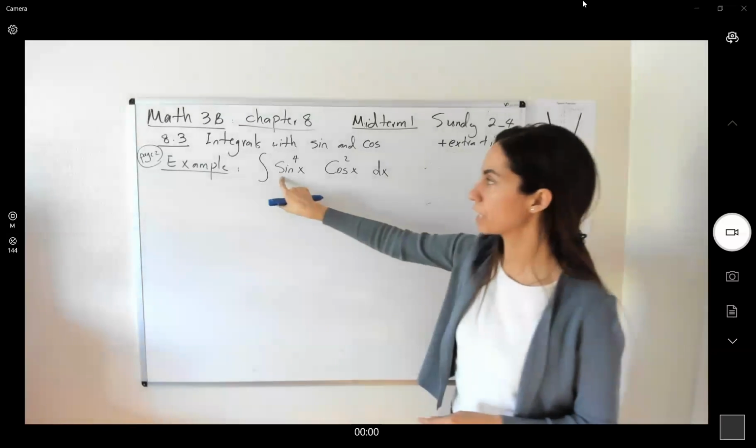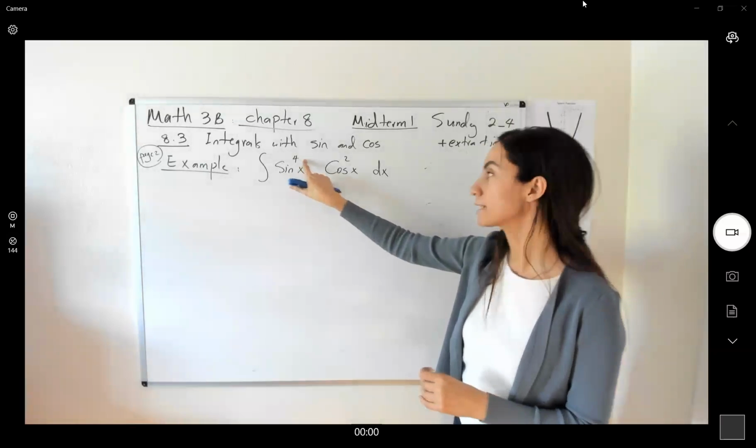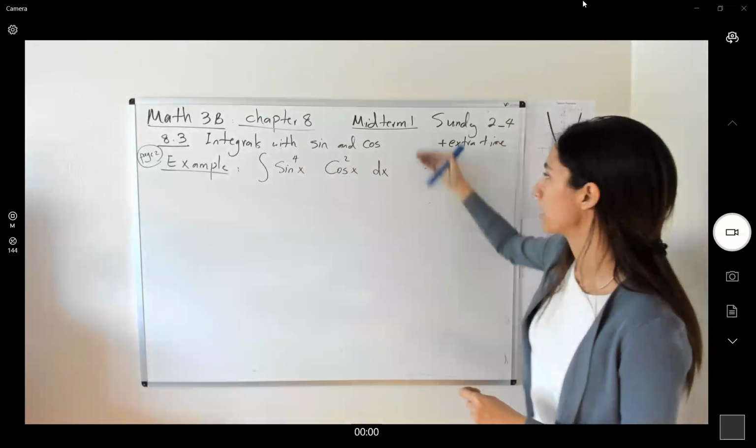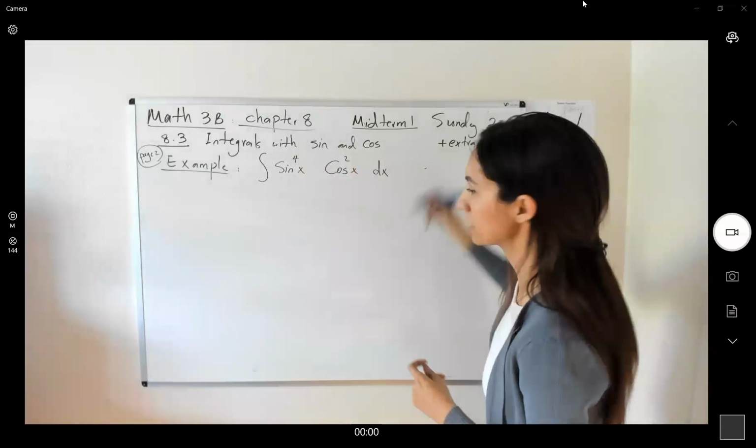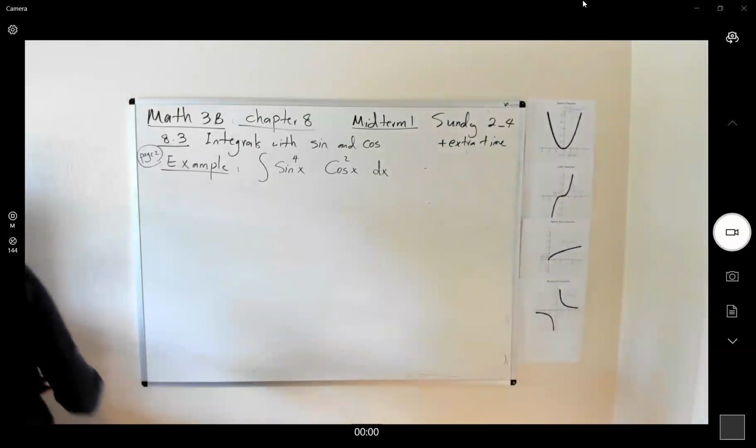So what do we have here? We have sine raised to an even exponent, cosine raised to an even exponent. So both exponents are even.